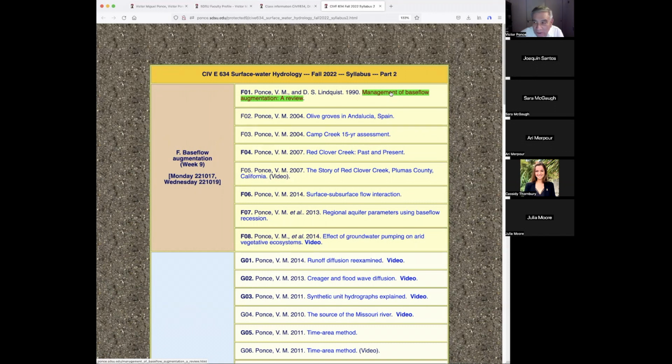What I'm going to do here is reiterate and spend more time on it for you, since you are getting it as a repetition. You're going to be able to do a better job of spending time with it and understanding it a little bit better. And as a matter of fact, I plan to spend the next 45 minutes on this F01, the management of baseflow augmentation, a review.